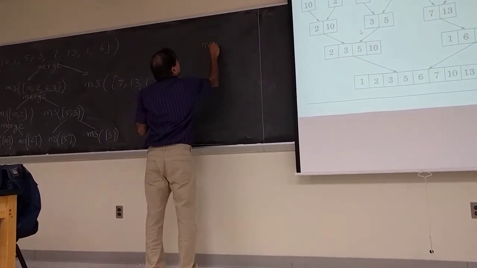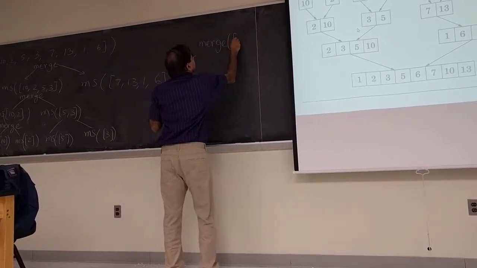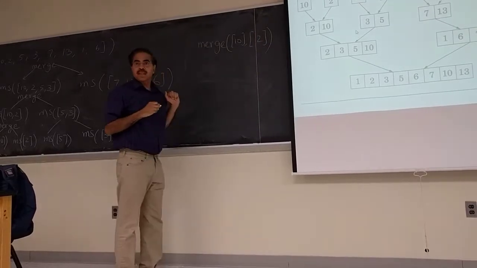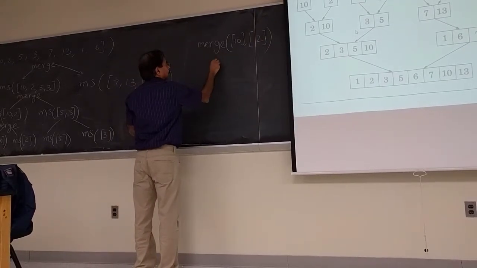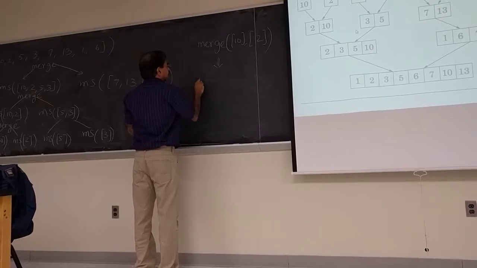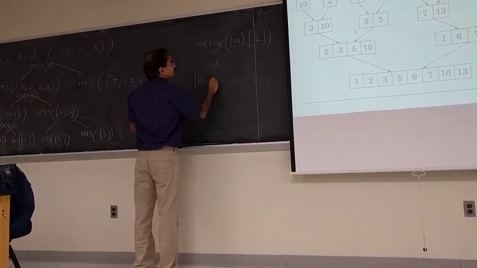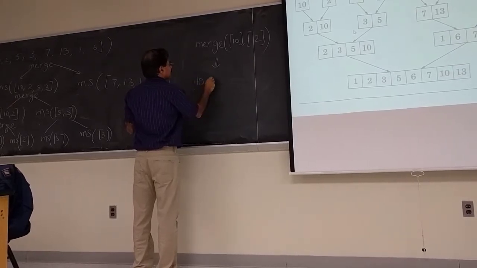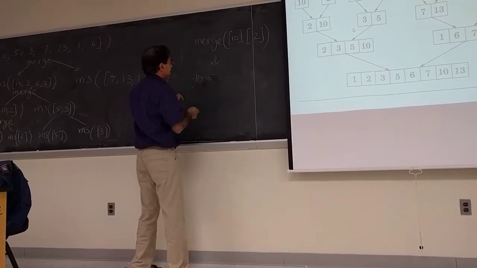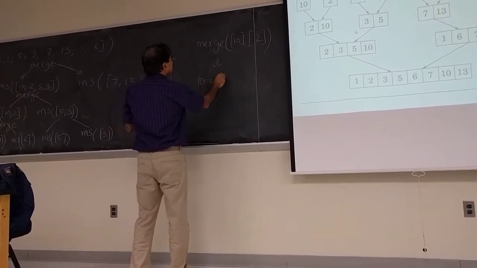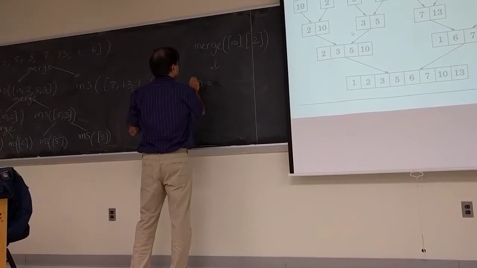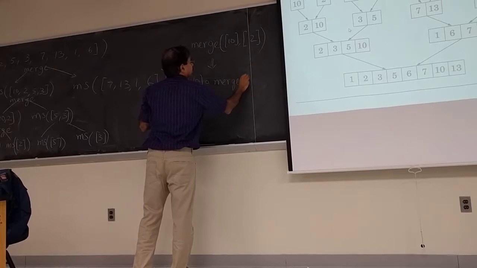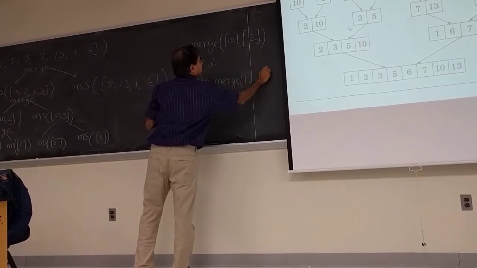So we are talking about the result, which is 10, comma, or in the notation of the algorithm, where we use a circle to denote list concatenation, we have 10 followed by merge of empty, comma, 2.